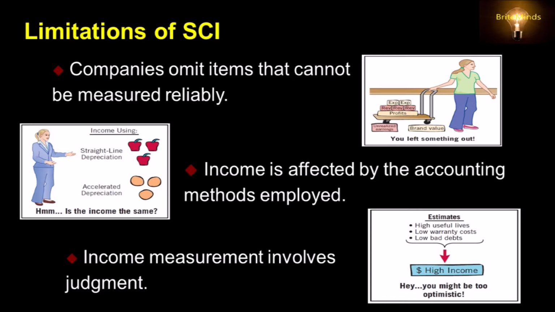There are ways of computing depreciation: either the company will use the straight line method or accelerated depreciation. The other limitation of the SCI is that income measurement involves the judgment of the accountant. These are the usefulness and limitations of the statement of comprehensive income.